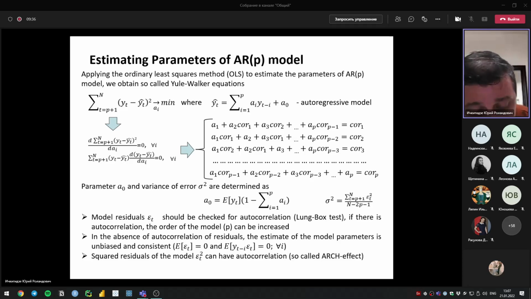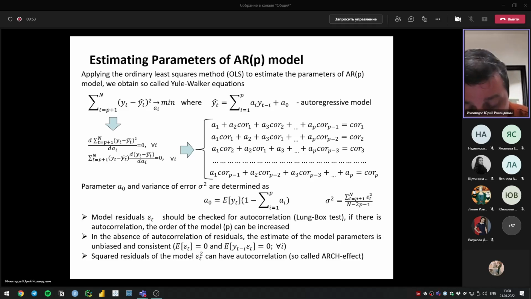Theoretically, it is recommended that if you nevertheless build an autoregressive model and find some autocorrelation in its residuals, then the order P should be increased.